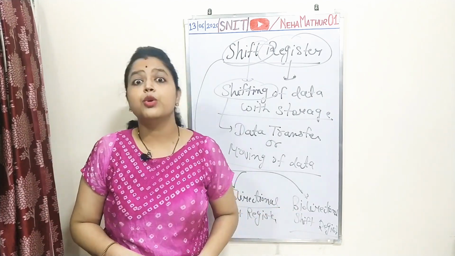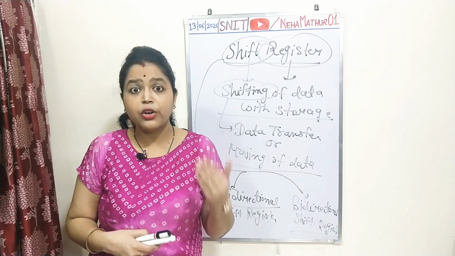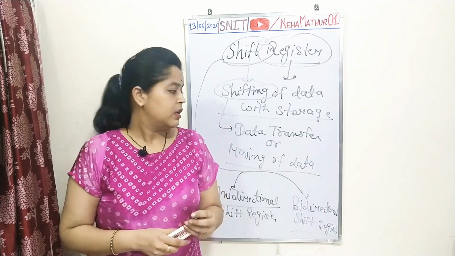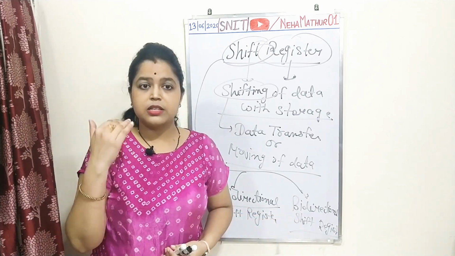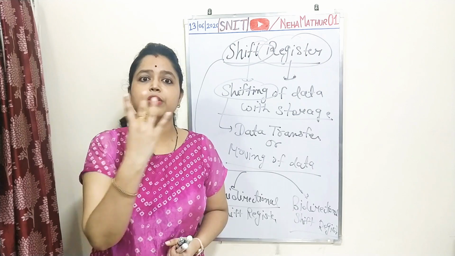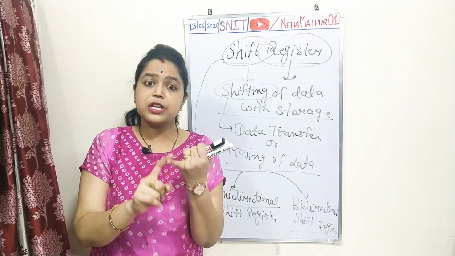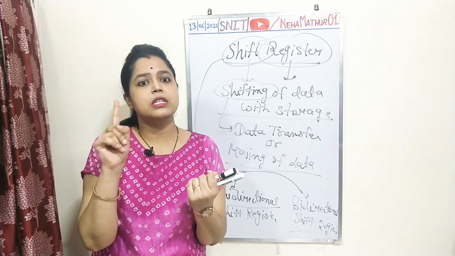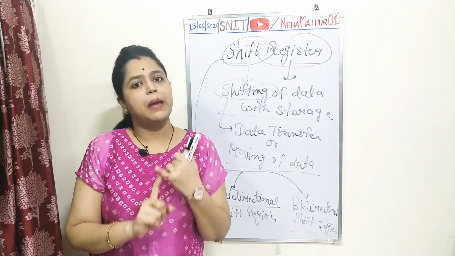Now come to its modes of operation, how your circuit will behave and work. Whether it is unidirectional or bidirectional, a shift register is able to operate in four modes, which we have already discussed. The first mode is serial input serial output, that is SISO. The second is serial input parallel output.